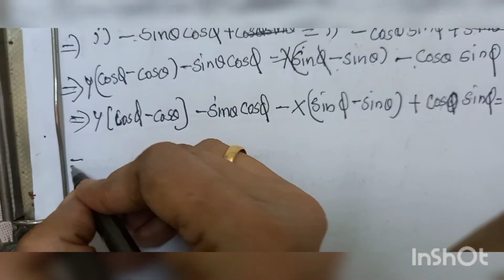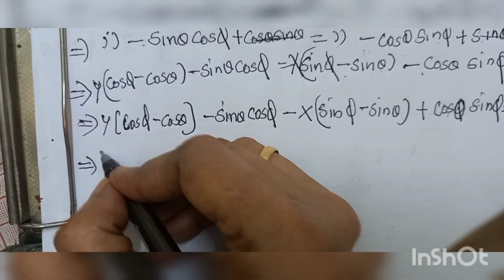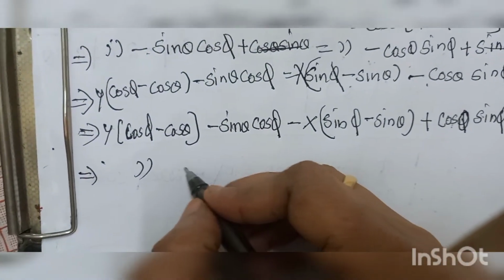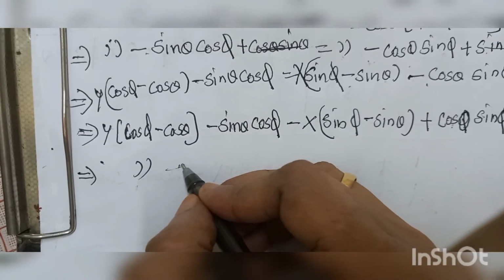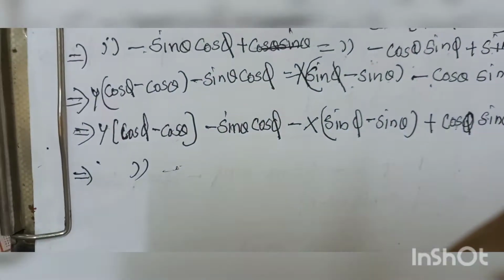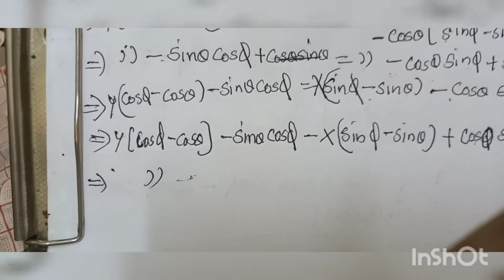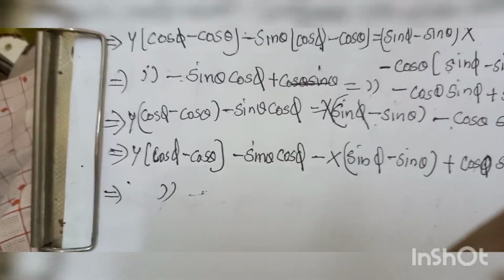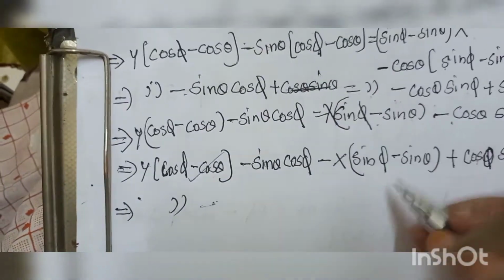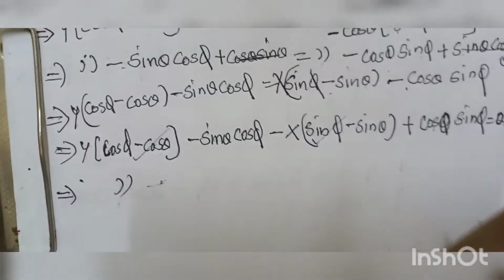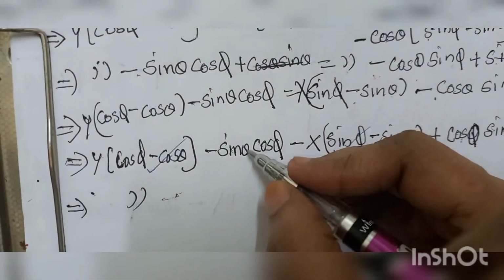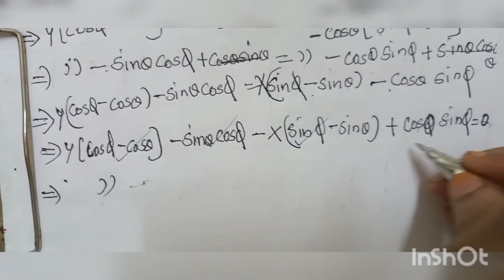We can write 0. Then which implies this term and this term nothing to do. Then this term and this term you have to take it together.